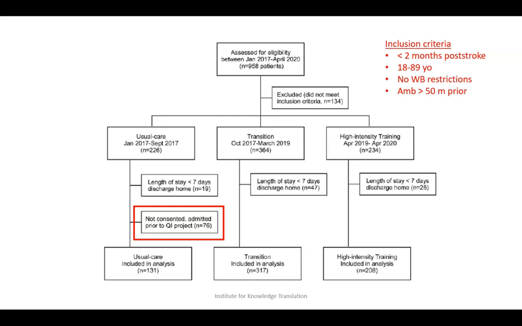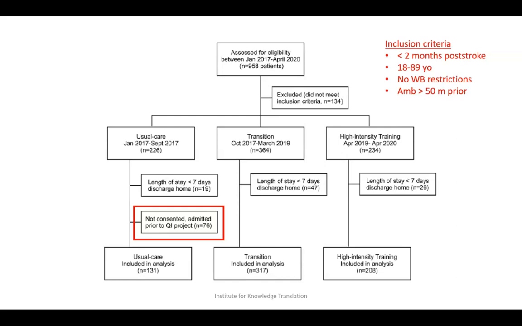And especially when you're talking about individuals that are this physically impaired, there are frequently some of those other comorbid stroke things going on, like cognitive deficits, say, is a major example, where consenting people is not an easy thing, and requires family to be available and visiting at a time that overlaps with the workday where research staff can go in and talk to them, et cetera. So there were individuals that we missed because we didn't have the capacity to consent them.